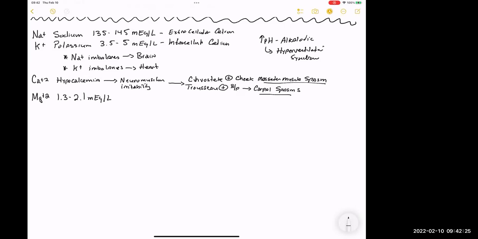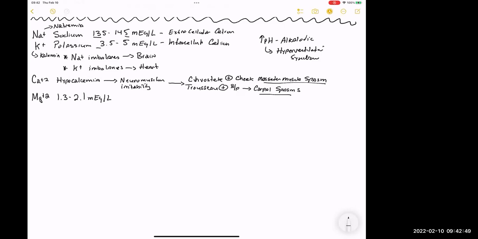For example, with sodium, we say that a low sodium, less than 135, is hyponatremia. Greater than 145 would be hypernatremia. Potassium is kalemia.